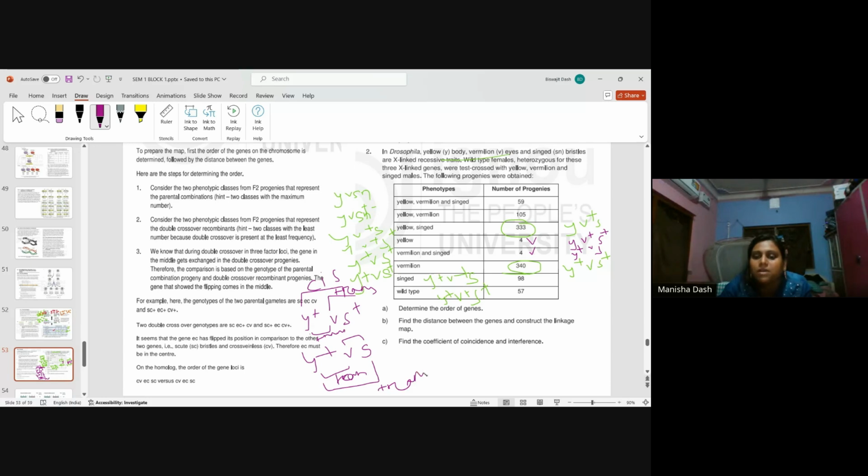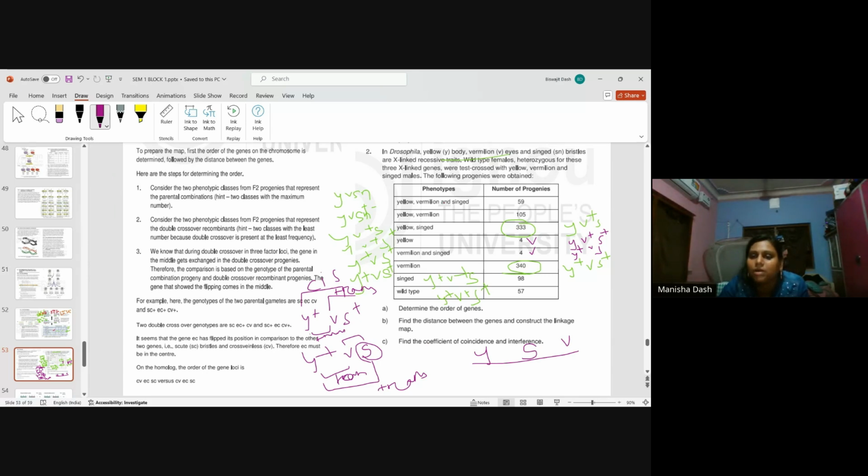So if you observe, the S has changed its position with respect to V as well as with respect to Y. So this means the order of the gene is like this: the gene Y, then S is in the middle, and then you have the V.